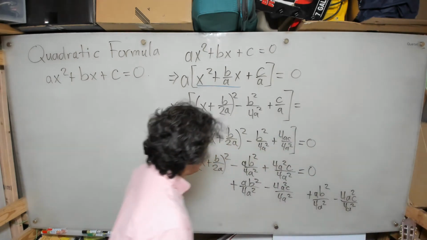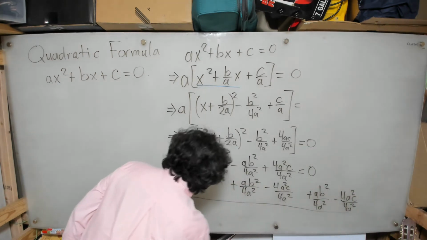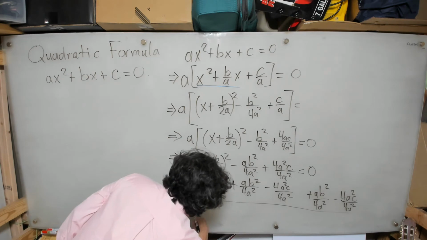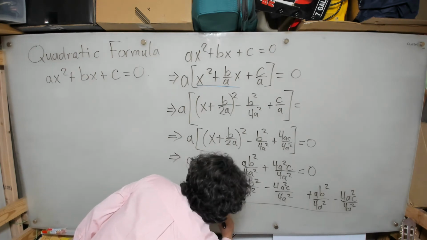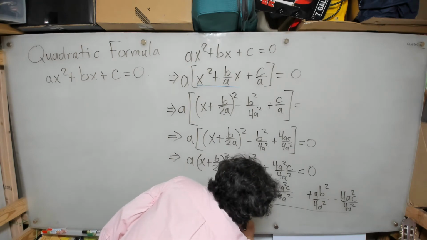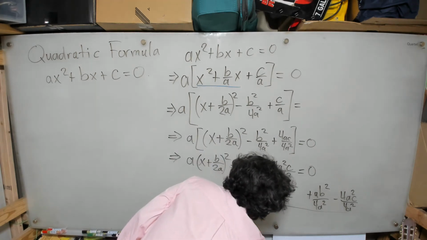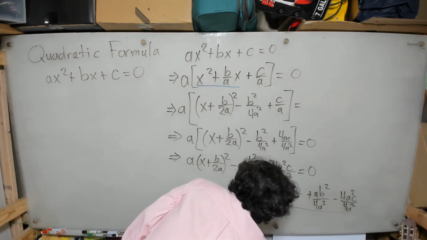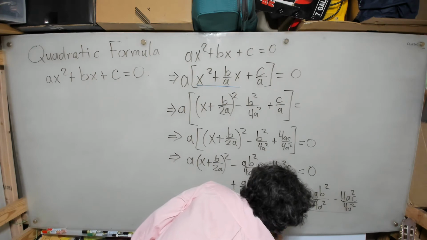Okay. I'm going to put my big huge line here. And I'm going to get a x plus b over 2a squared equals ab squared over 4a squared minus 4a squared c over 4a squared.